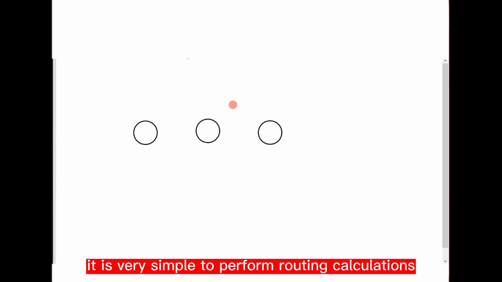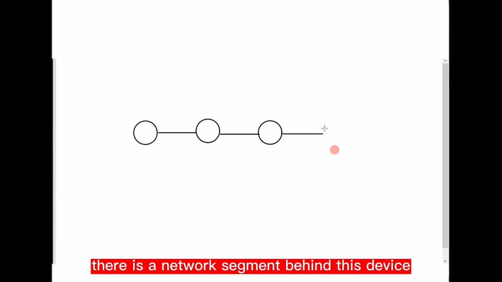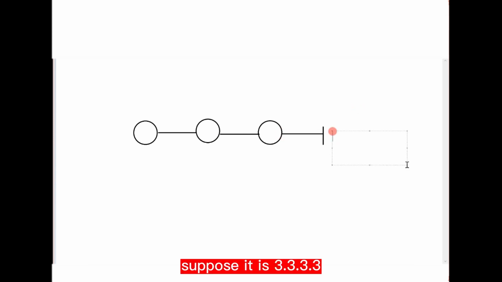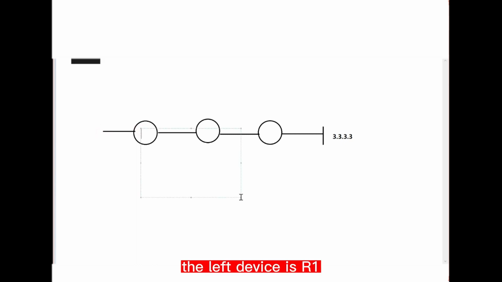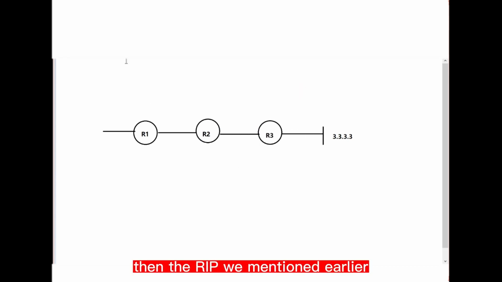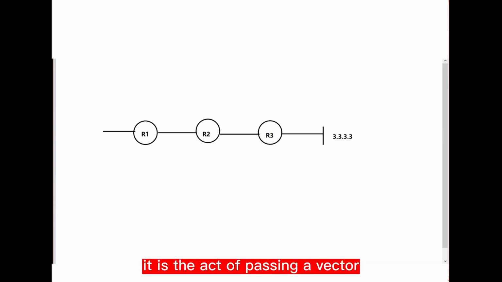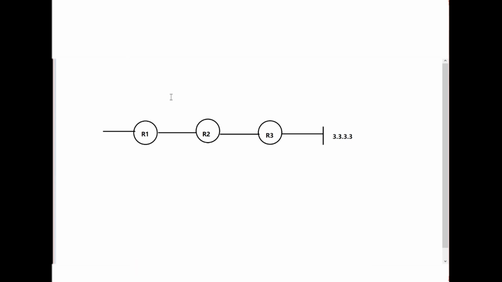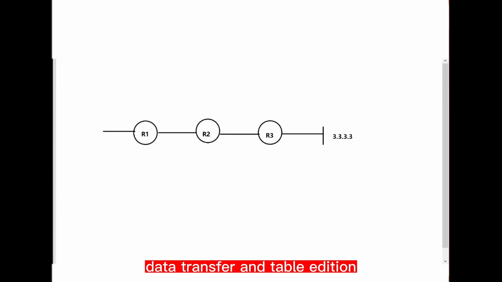For RIP, routing calculation is very simple. I draw 3 devices here. There is a network segment behind this device, suppose it is 3.3.3.3. The left device is R1, this is R2, this is R3. The RIP we mentioned earlier works by passing a vector, transferring data and adding to the table.